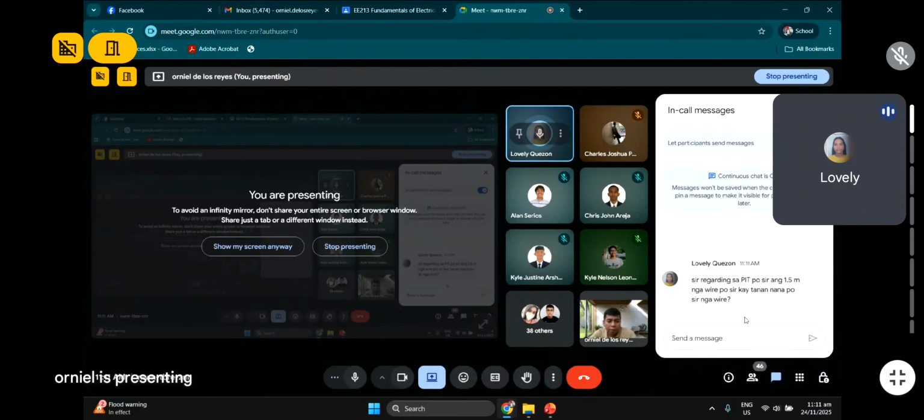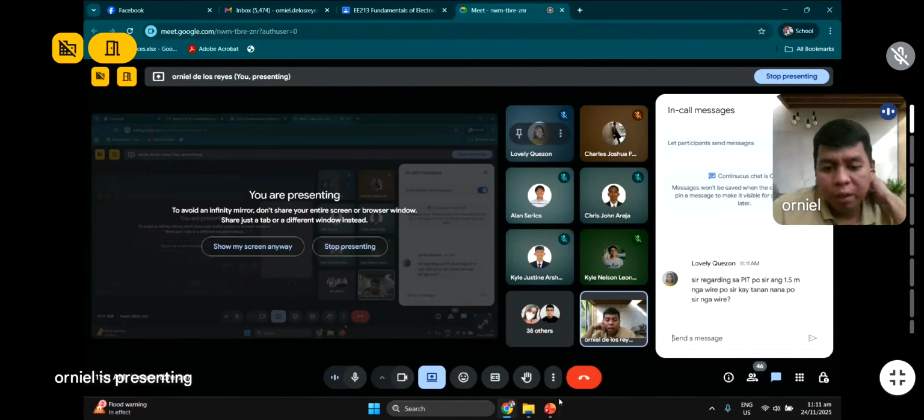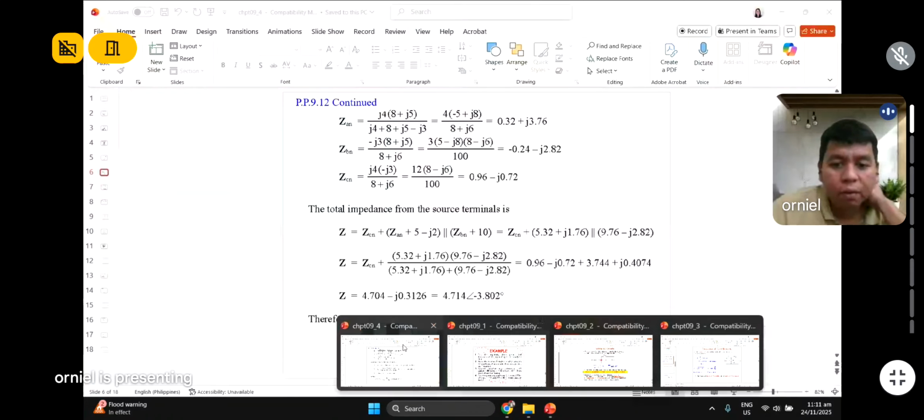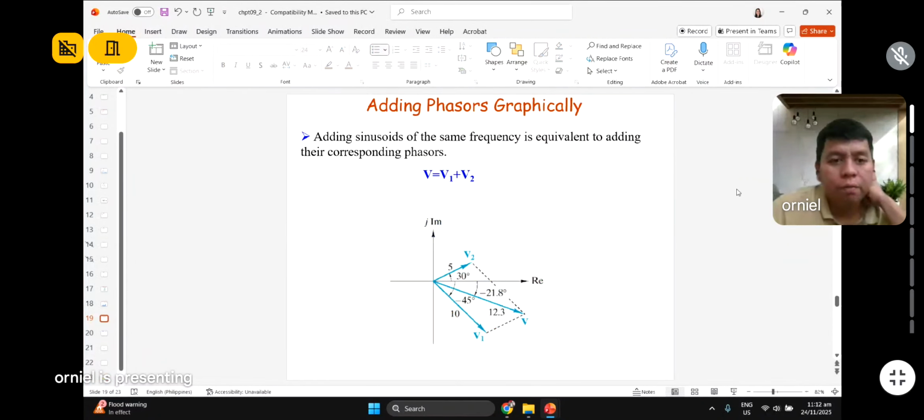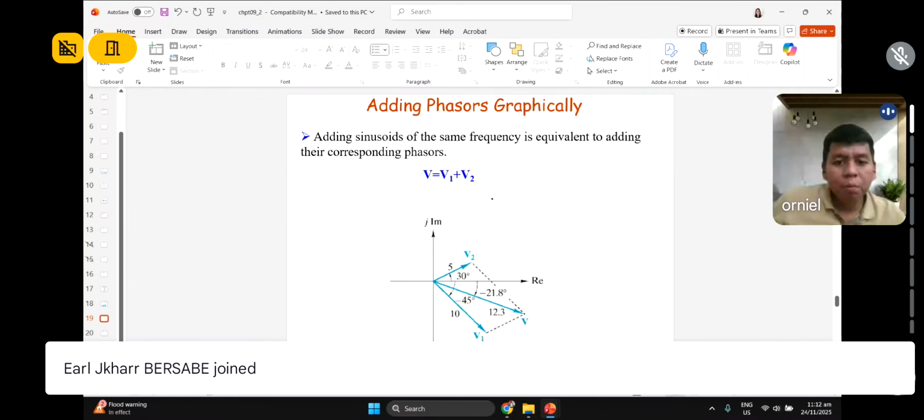Regarding the PIT, sir, may I ask if the 1.5 meters is the distance between each bulb? Yes, that's right. This was already discussed.